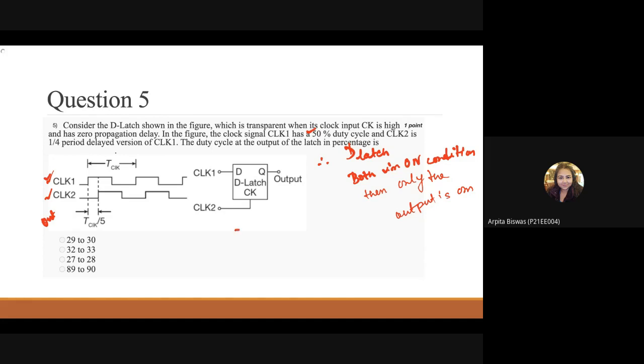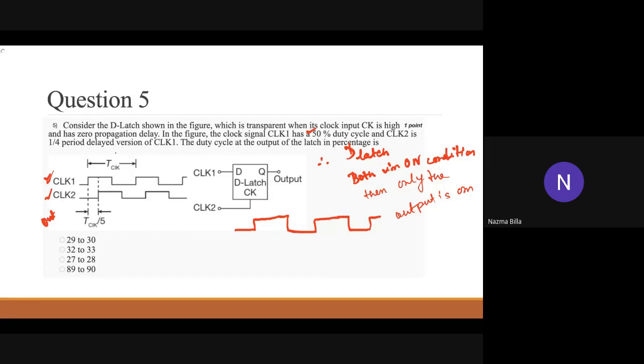For the simplification, we can draw here. The on condition will exist from T by 2 minus T by 4 duration, ma'am, T by 4. See, it is delayed. The T1 condition is delayed. Here it is already given, T clock by 5.